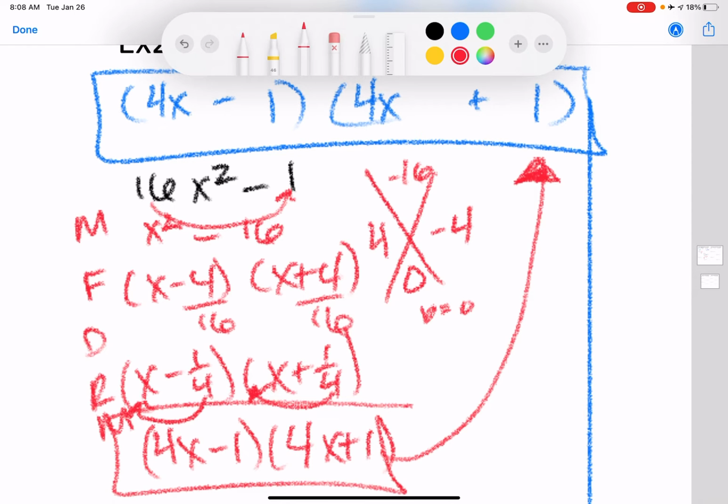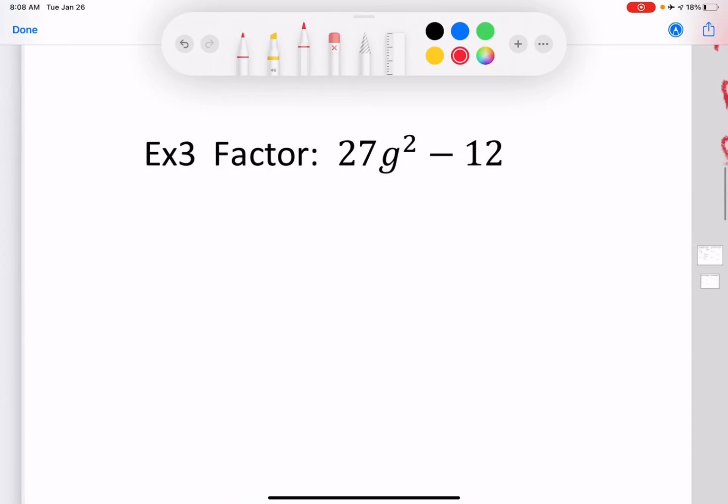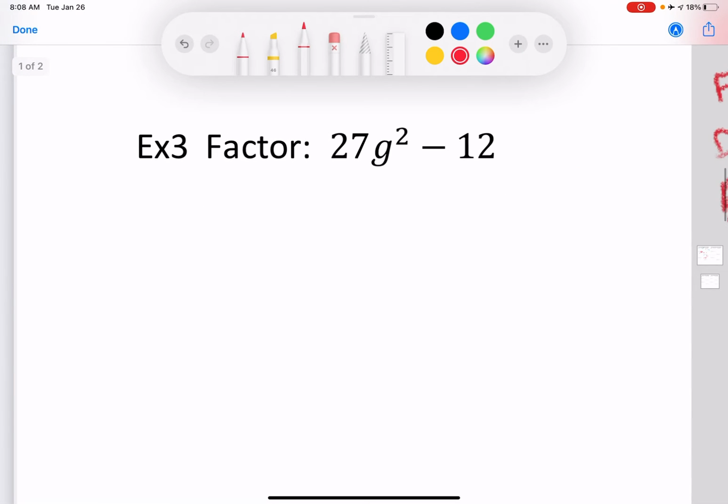So again, this only works on special products. Right. So we can also do this one pretty easily. Now your first step, always check for a GCF. The GCF that I see between the 12 and the 27 is a 3. And the reason why I always know to check for the GCF is I see that it's set up for a difference of squares, but these two numbers are not perfect.